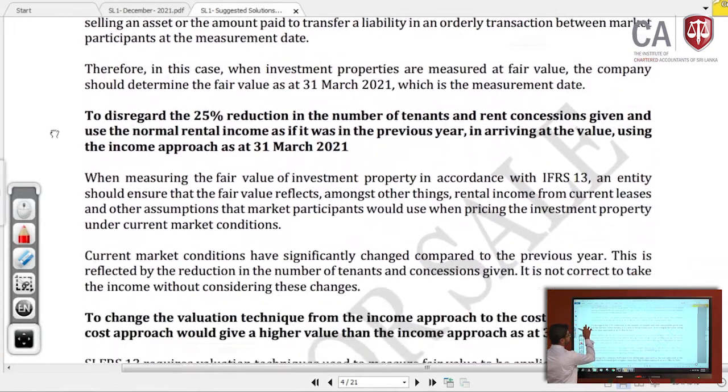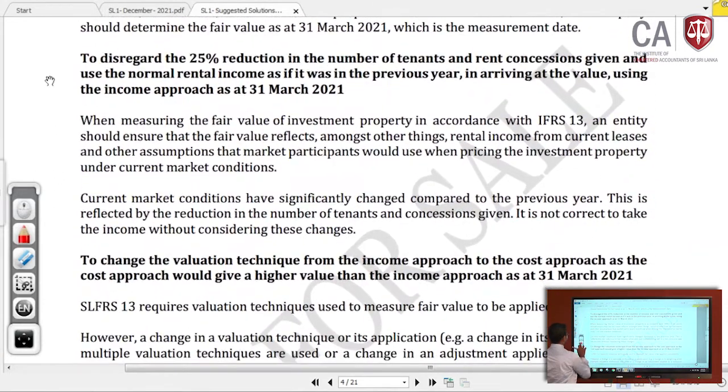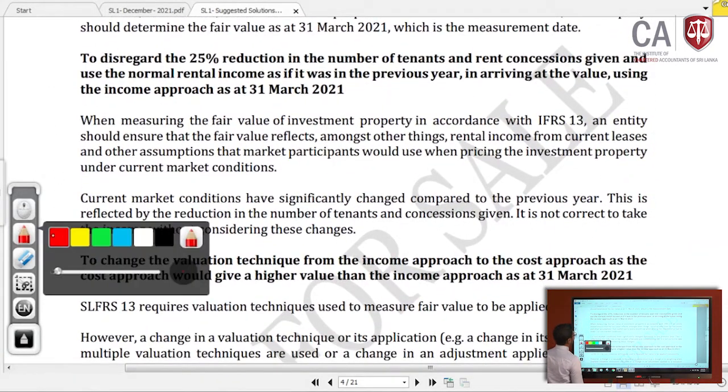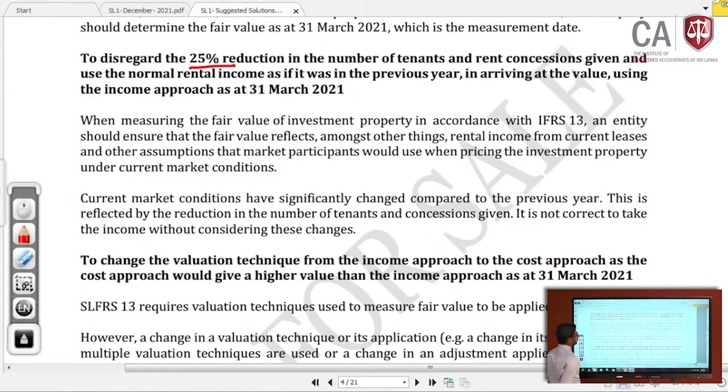Second suggestion, to disregard the 25% reduction of the number of tenants as well as the rent concession granted, and consider normal rent income same as the previous year for this year's valuation. What is happening, student?